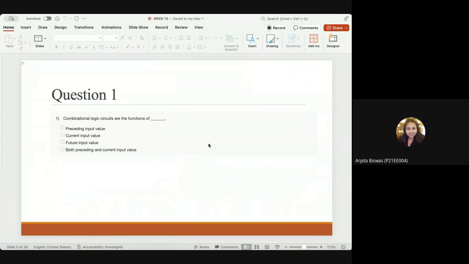Combinational logic circuits are functions of dash. These are the options. Kindly go through these options and try to give the right answer.